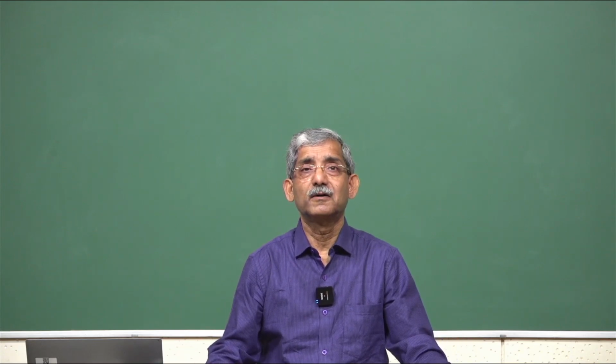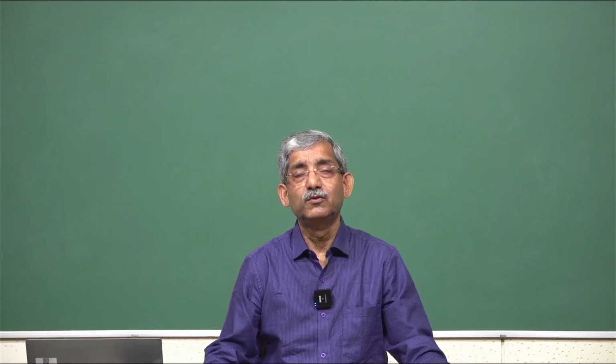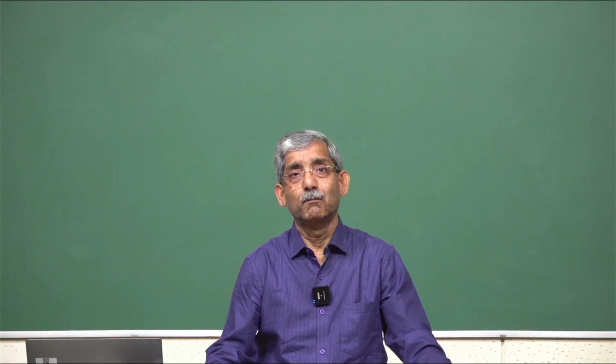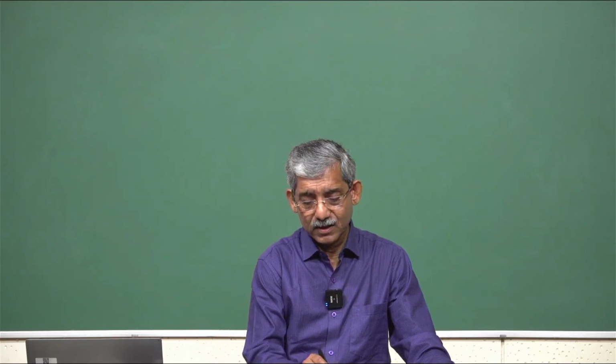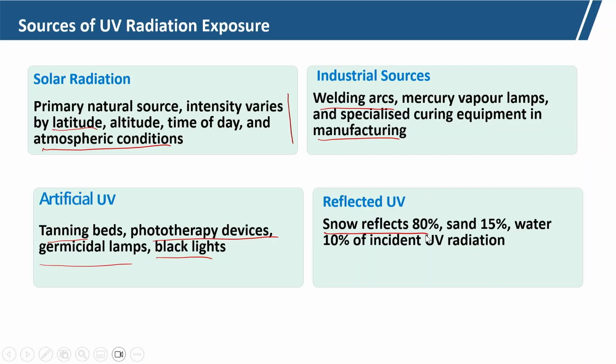In those locations, suppose we think we are under the shadow, but still we get lots of UV ray, particularly in snow areas and at high altitude, where the problem of UV ray is very high because of multiple factors.